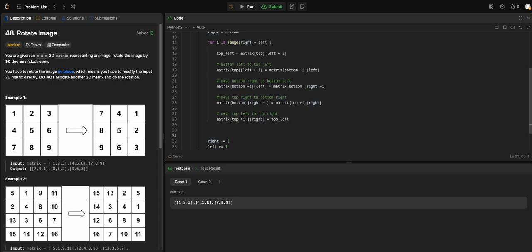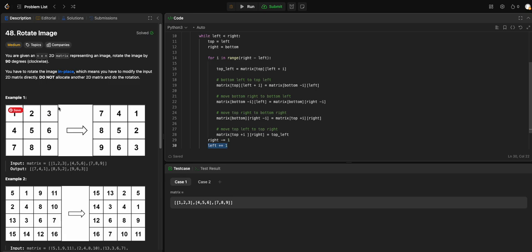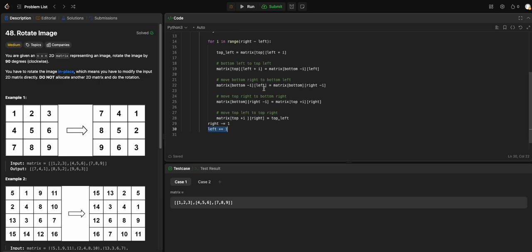Like I said earlier, after every iteration, left goes up and right comes back.